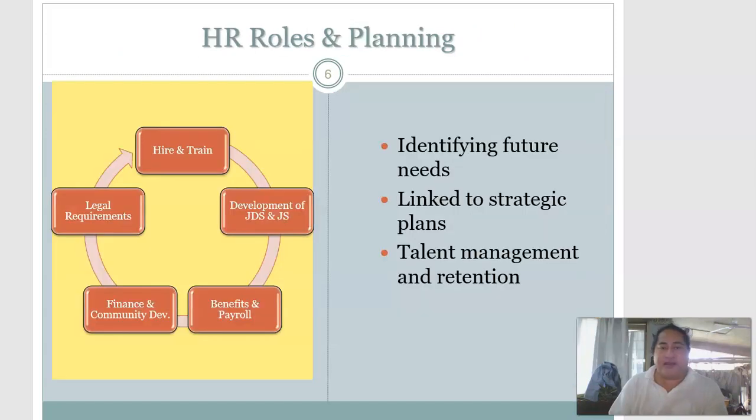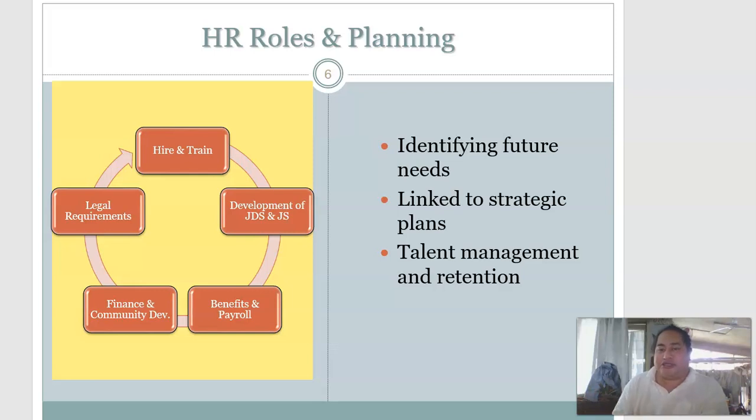Let's look at our next slide. Remember I used the word HR roles and planning. Very, very important. One of the first things we need to do is identify future needs. We need to identify how many employees we need in the near future for this particular restaurant that's going to open up in our hotel.